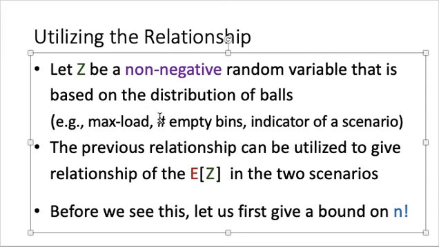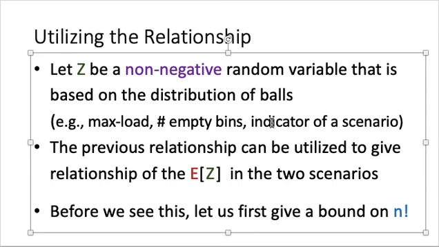Similarly, the number of empty bins is also an example, or any indicator of a certain scenario that is based on the distribution of balls. For instance, whether there are any empty bins, or whether the maximum load is greater than or equal to 5. This is going to be an indicator.